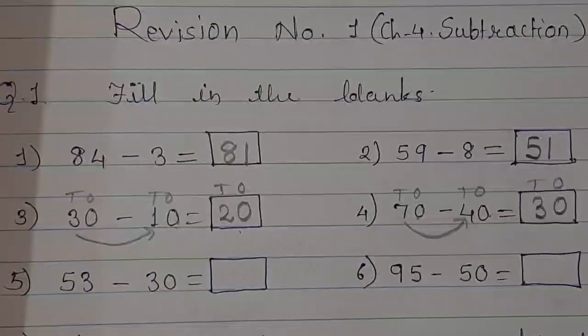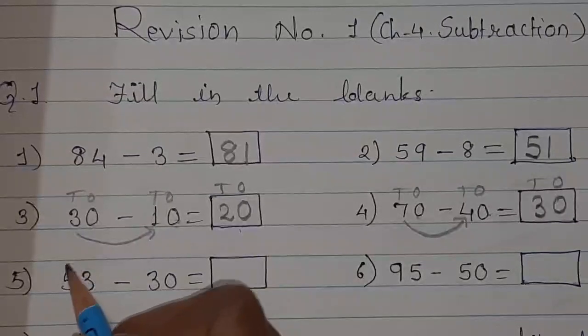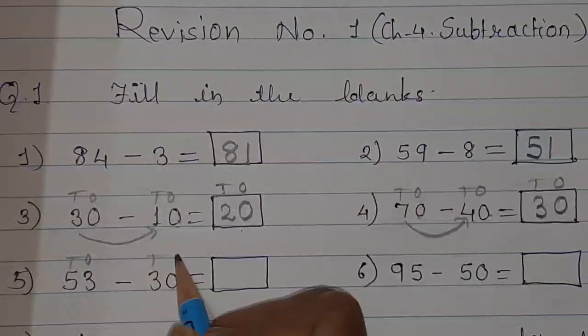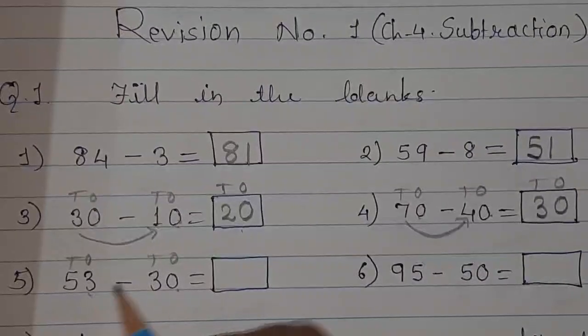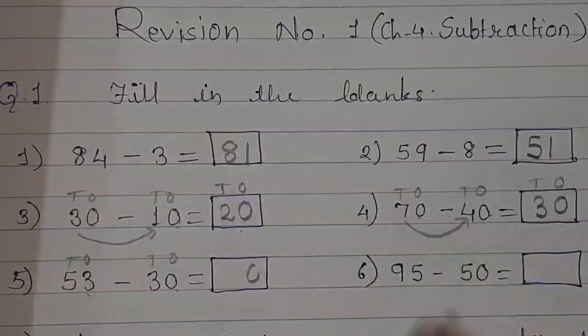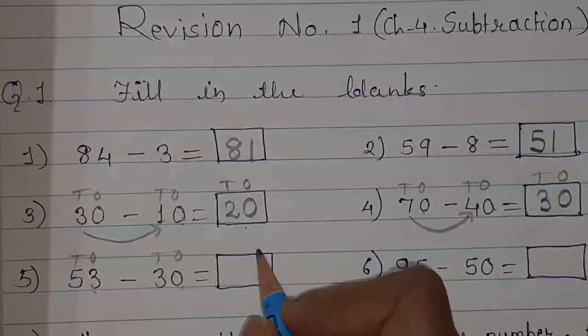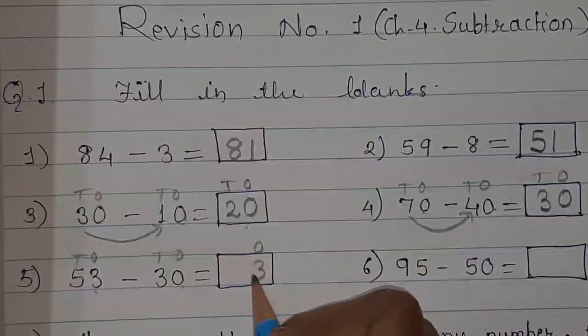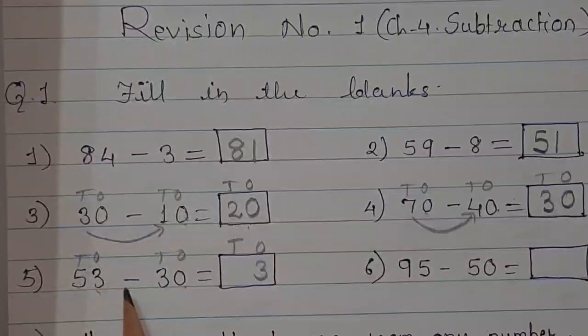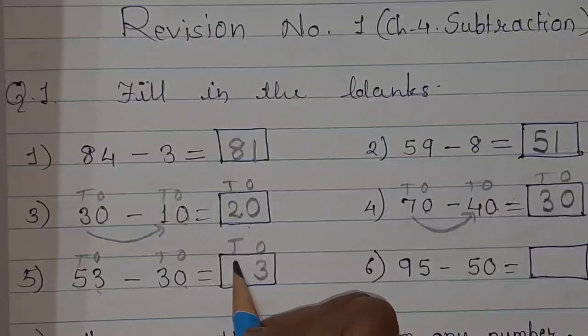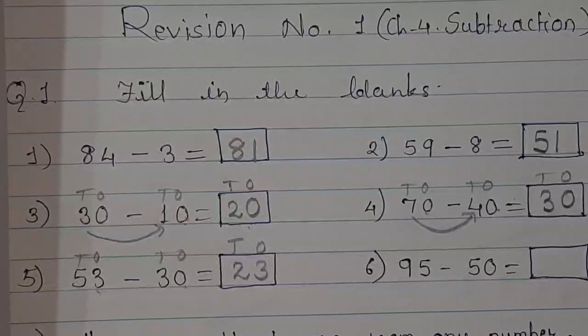Next sum we'll see 53 minus 30. So tens, ones. Here is 3 and here is 0. So 3 is your answer in ones column. Now tens column, open 5 fingers, cut 3, you will get 2. So total answer is 23.